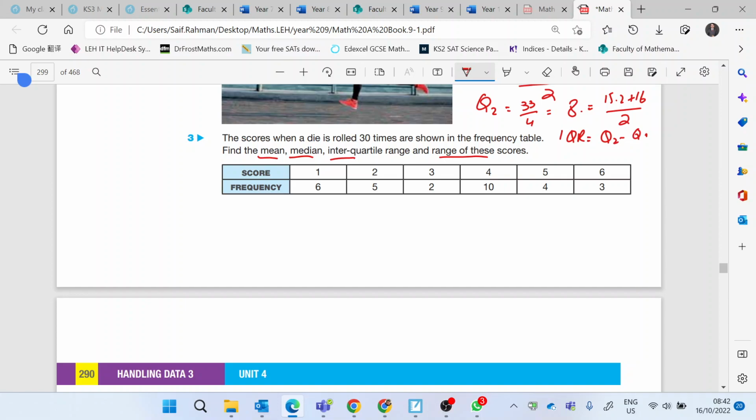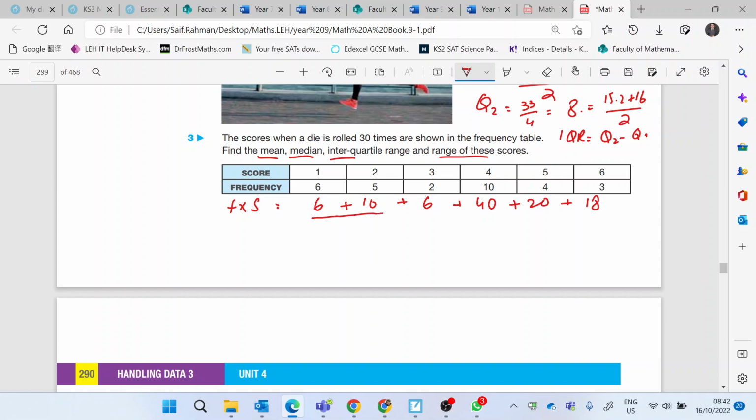That is, you times the frequency with the score, add them all up, and divide by the total frequency. Okay, so you do frequency times score. That should give us 6 ones are 6, 5 twos are 10, plus 3 twos are 6, plus 10 fours are 40, plus 5 fours are 20, plus 6 threes are 18.